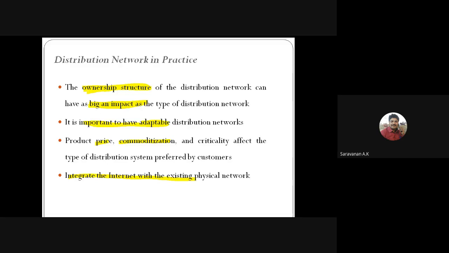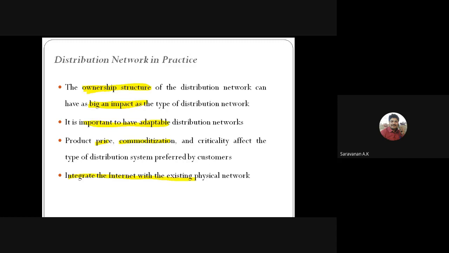By integrating the physical flow with the internet, we get a hybrid distribution network. So the product sale will be somewhat good, right?